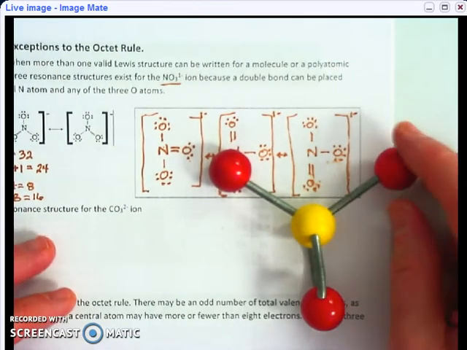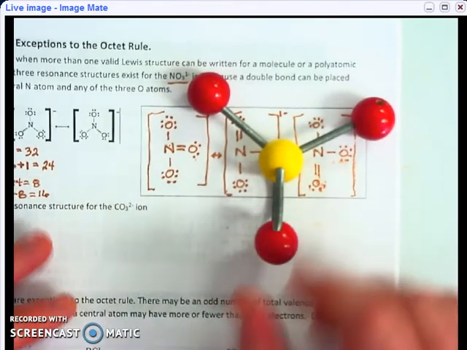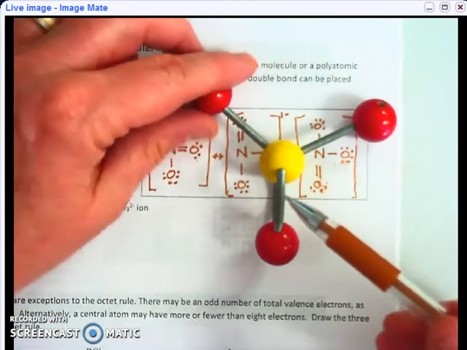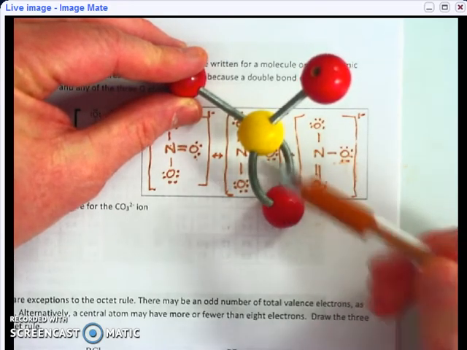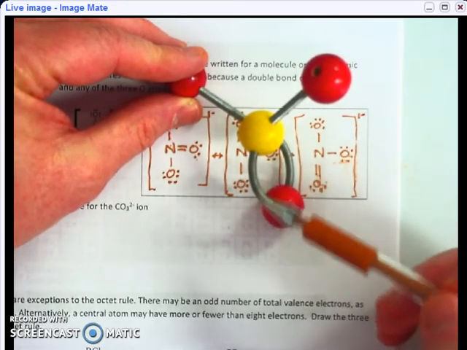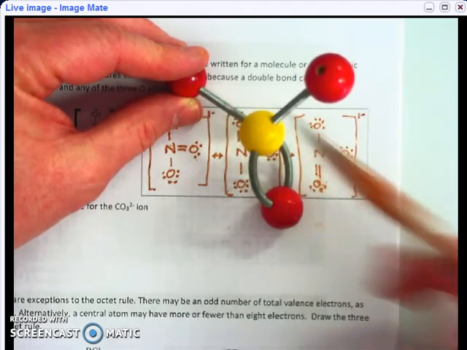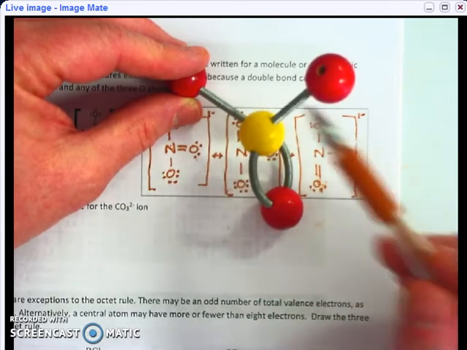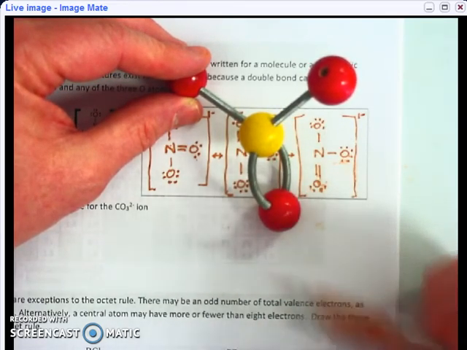They're all correct. And so in reality, the reason we show them this way is this extra pair of electrons, and it's kind of hard to see because of this double bond here. This extra pair of electrons doesn't only belong to this oxygen. It also belongs to this one and to this one. Remember, this is all an electron cloud, right? They're not in specific places in the atom.